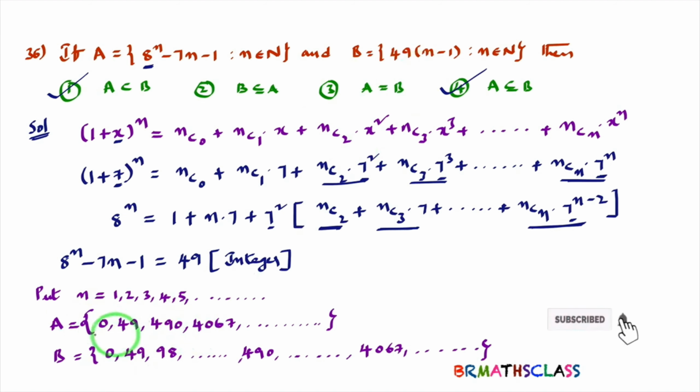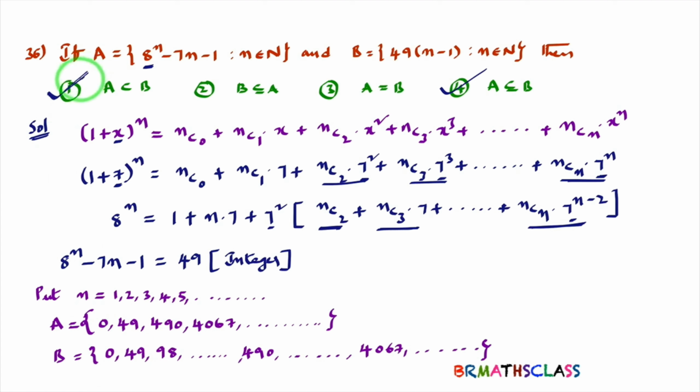You observe here, set A contains multiples of 49, but not all multiples of 49. Set B contains multiples of 49, and it contains all the positive multiples of 49 including 0. Here you can easily understand A is just a strict subset of B, because you see in this 98 is there in set B, but in this 98 is not there, correct? So here A is a strict subset of B, A is not equal to B. So we can say that A is a proper subset of B.